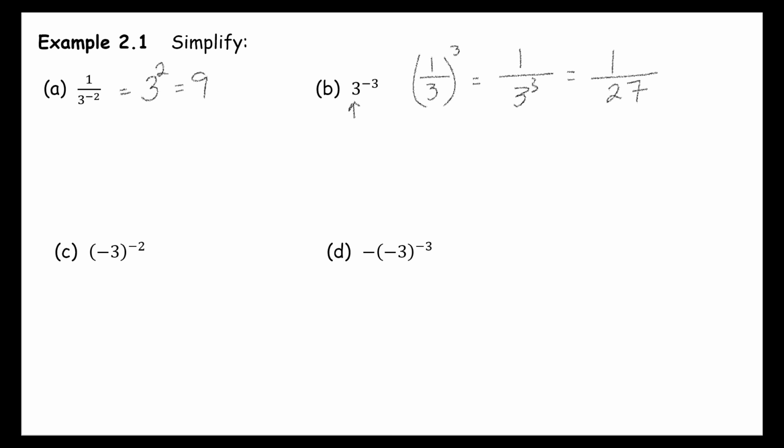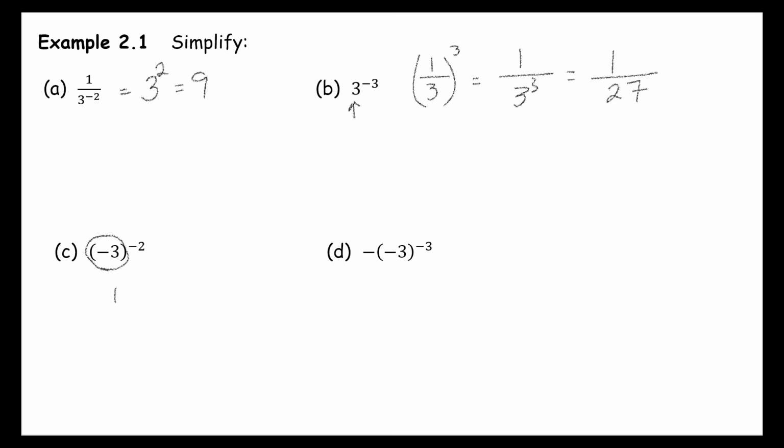Here you have a negative 3 to the negative 2 power. Don't even think about messing around with these two negative signs here by somehow canceling them out. There are crazy thoughts that go through your mind, but don't do that. You take the reciprocal of the base. The base is negative 3. It's in parentheses. The exponent is outside the parentheses. So that exponent is supposed to affect the whole thing, the negative and the 3.